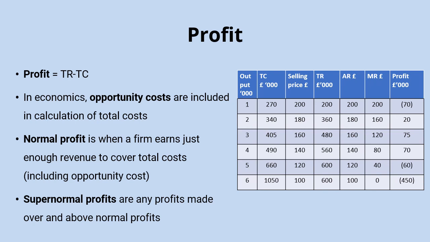So in that first example that we had, you've got your profit of £30,000, but then your opportunity cost of £25,000 that we said we needed to take into consideration as well. So your supernormal profits, or abnormal profits, or economic profits, I think was the term that I used in the first place, would be £5,000.